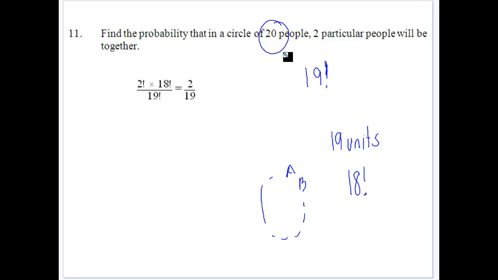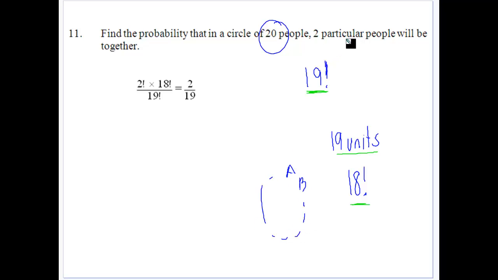If we've got a circle of 20 people, and 2 particular people have to sit together, then really, it's 19 units or 19 elements that have to be arranged. If it was in a straight line, we'd consider that as 19 factorial. Because we're in a circle, we need to consider that as 18 factorial ways that you could sit 19 elements around a circle.